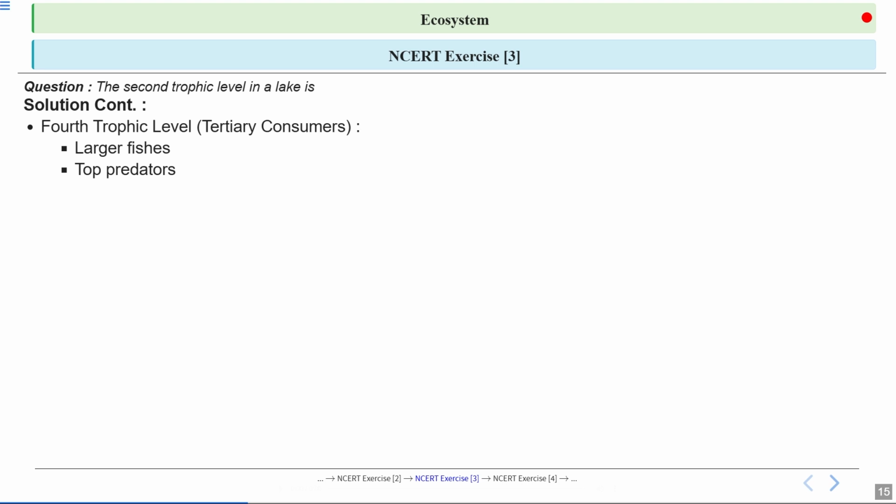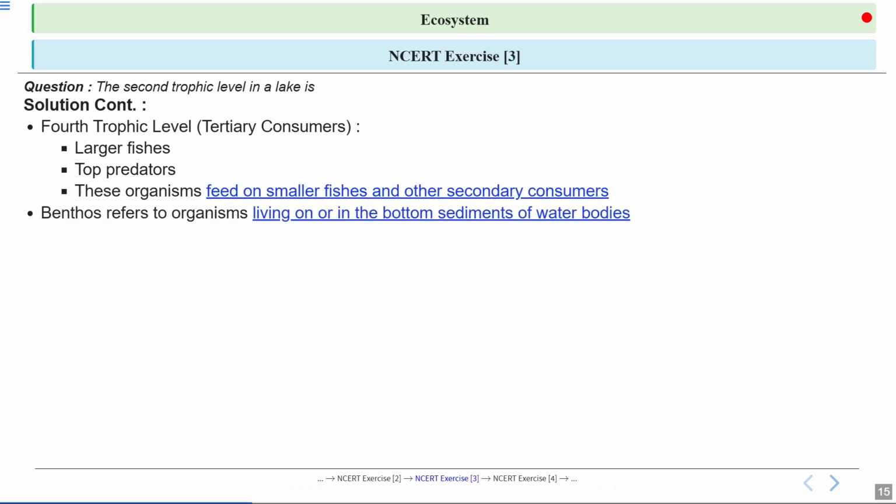These predators feed on other animals and they do not have natural predators of their own. Remember this. Top predators are such as sharks and seals. Obviously in a lake you will not see these sharks and seals. Here we are talking generally about the aquatic ecosystem. So these organisms feed on smaller fishes and other secondary consumers.